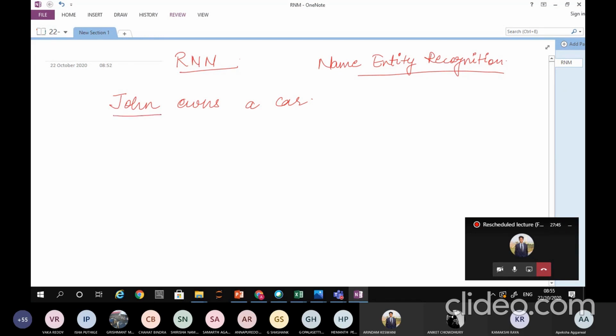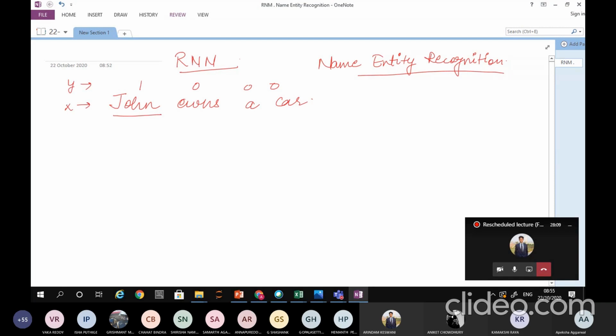My input is John owns a car, and output should be something like 1, 0, 0 and 0. We want output 1 wherever we have a named entity, the name of a person, and the rest should all be 0. This is my output y, and this is my input sentence x.